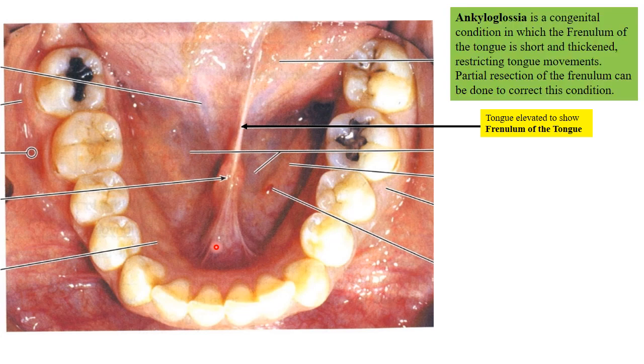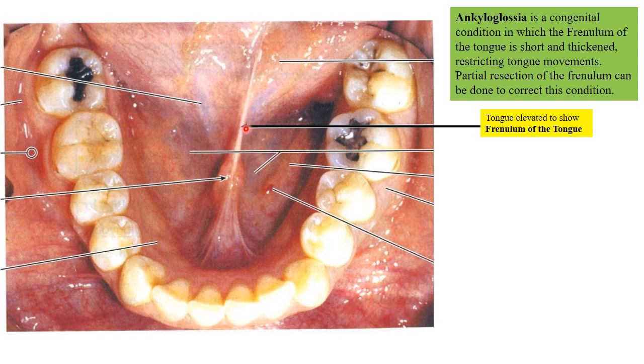Okay. Clinical side note: ankyloglossia, which is being tongue-tied, clinically speaking. Ankyloglossia literally means tongue-tied. It is a congenital condition. Babies are born sometimes with frenula that are really short and thickened, and they can't move their tongue around efficiently.